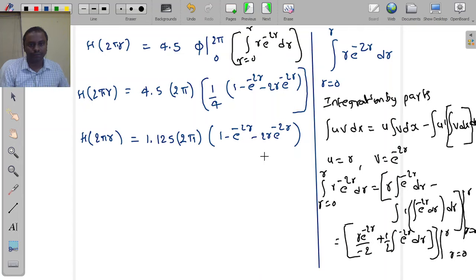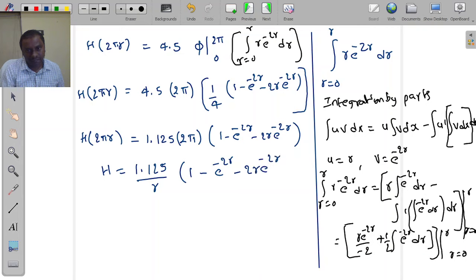Now from this, what you are going to get is h will become, this 2 pi will get cancelled, 1.125 divided by r into 1 minus e power minus 2r minus 2r into e power minus 2r.